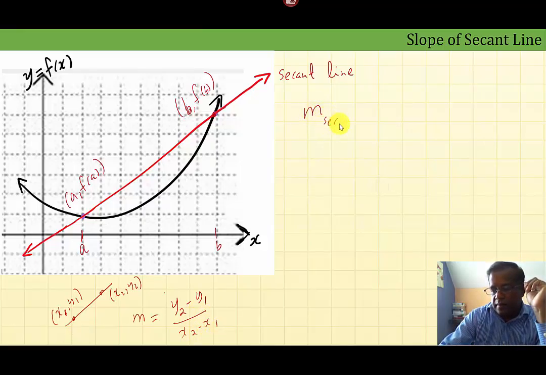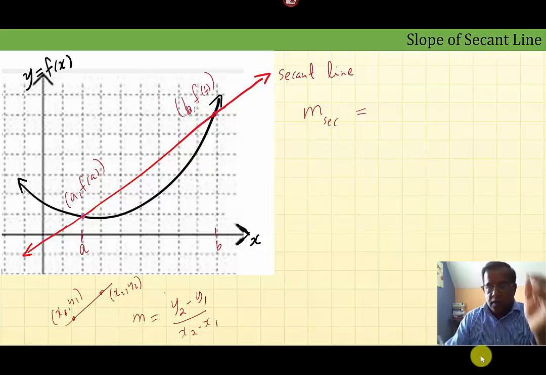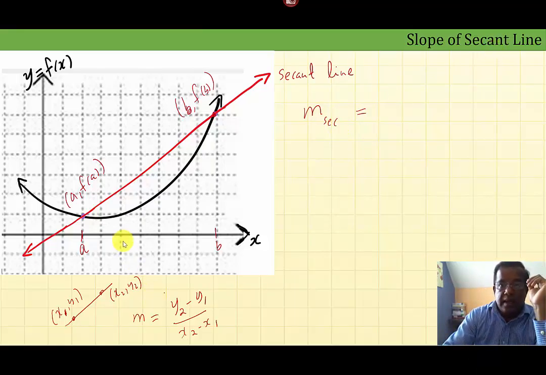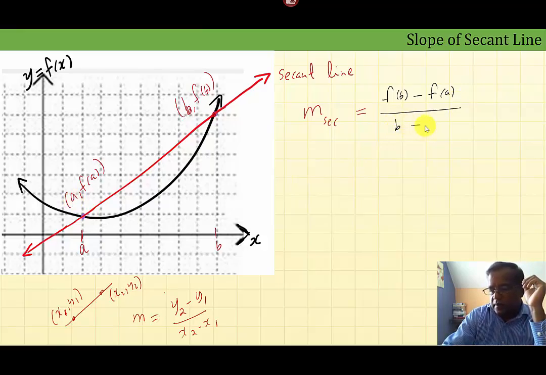So therefore clearly the slope of the secant line, we write m sub sec, m is for slope, sec for secant. Here clearly (x1, y1) is (a, f(a)), and (x2, y2) is (b, f(b)). So y2 is f(b), y1 is f(a), x2 is b, and x1 is a.